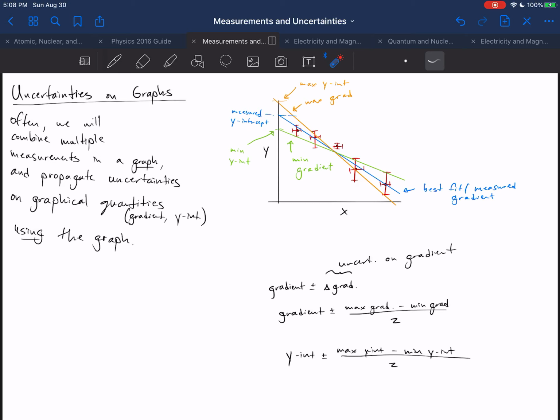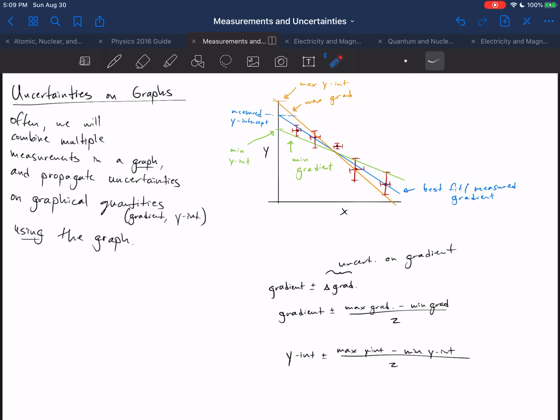The way we do that is by taking that best fit gradient and asking ourselves, what is the highest gradient and the lowest gradient that would be reasonable to fit within the error bars as best we can?